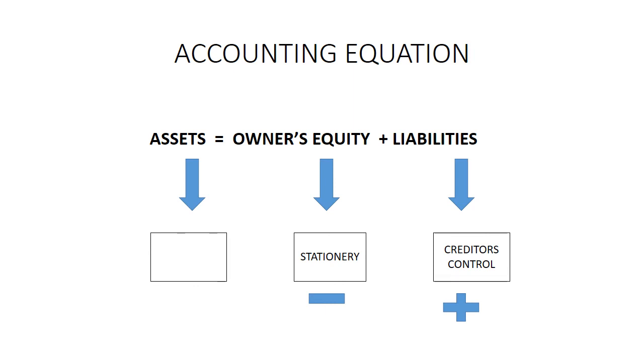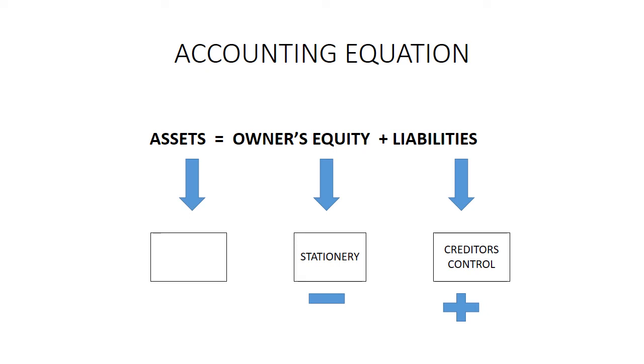Now let us look at the relationship between owner's equity and liabilities. In this example, we are looking at an account called stationery. Whenever we buy stationery during the financial period, we buy the stationery and record it as an expense.